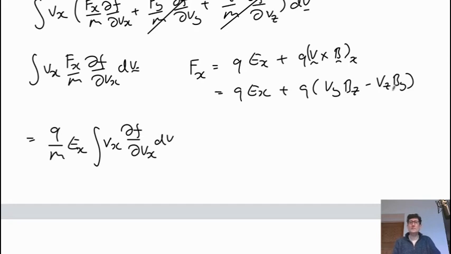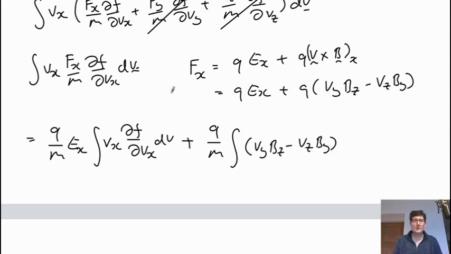Then this velocity term is a little bit more tricky, but again the charge will come outside, and then we'll deal with the rest shortly. So we have the force term, the velocity in the x direction, and df by dvx.